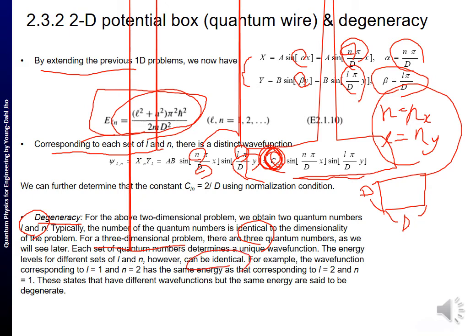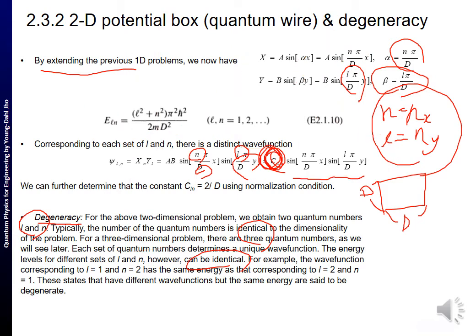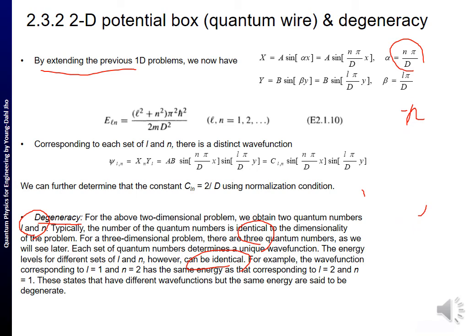Because look at this, L and n. Let's consider the combination of L and n. It could be 1 and 2, right?